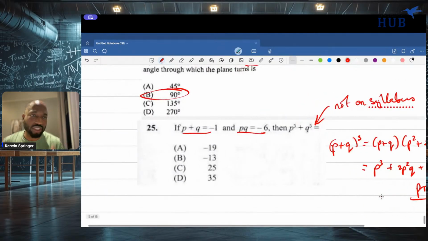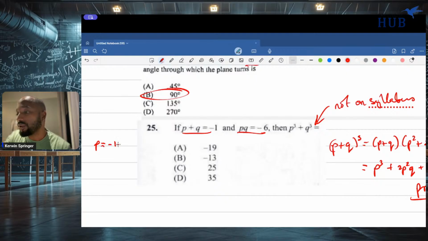What they wanted you to do was just simultaneous. So P is equal to -1 minus Q, and you substitute that in. So -1 minus Q times Q is equal to -6. Can't believe it's this they wanted, boy.